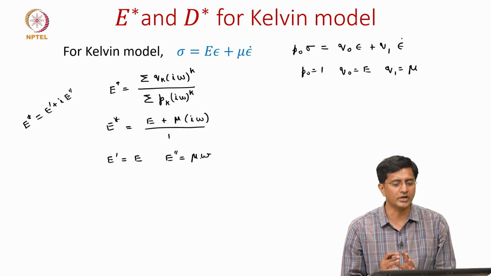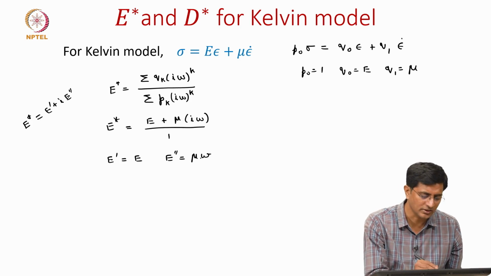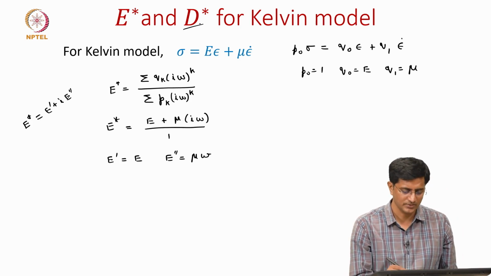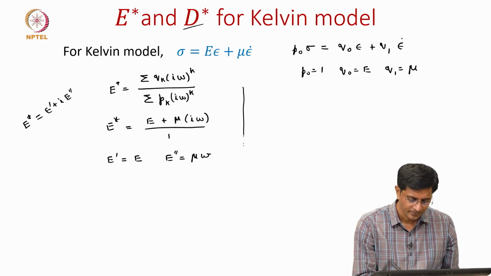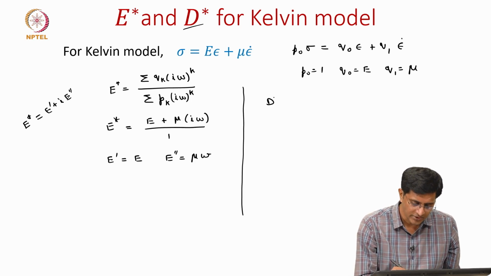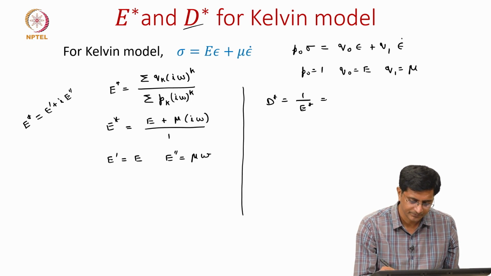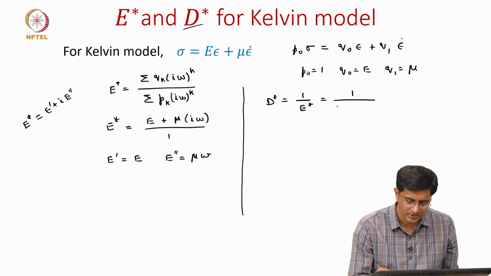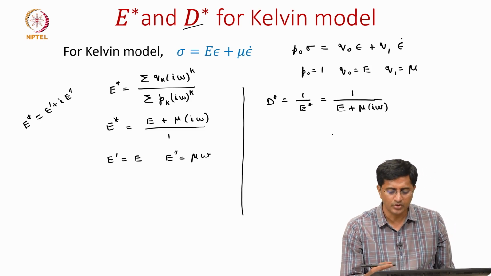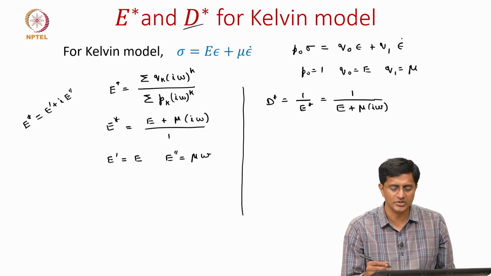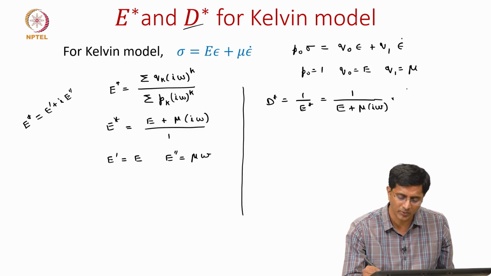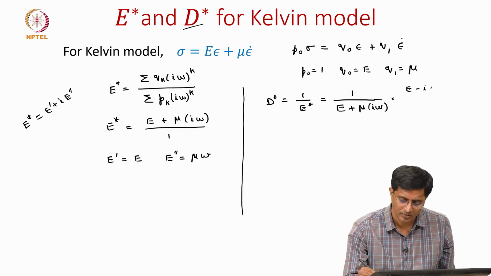Now, let us see how we can calculate the D star, which is the complex compliance. So, D star is simply 1 by E star, which is here as E plus mu times I omega. So, now I should be able to separate the real and imaginary terms. To help me do that, I can multiply and divide by E minus I mu omega.